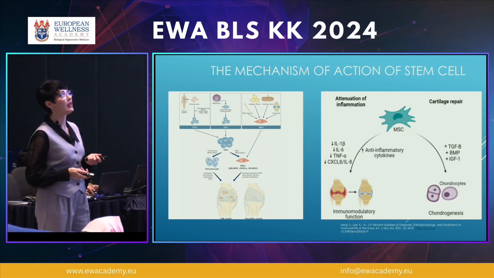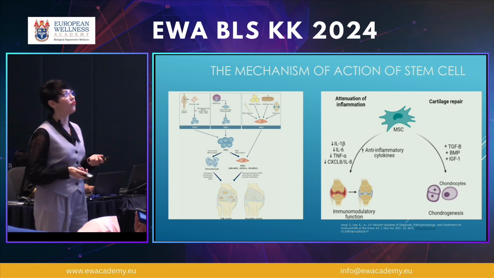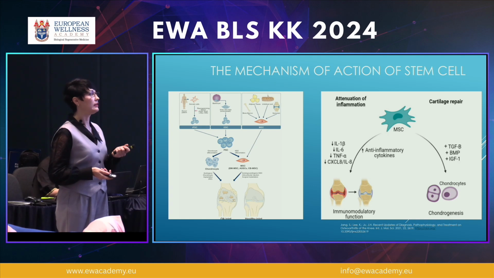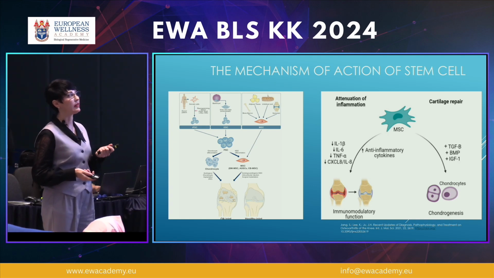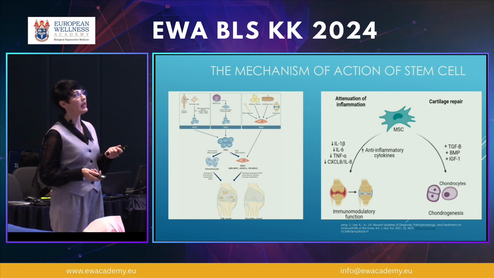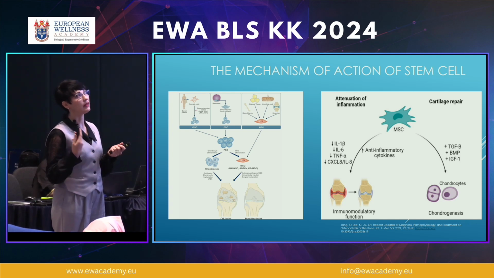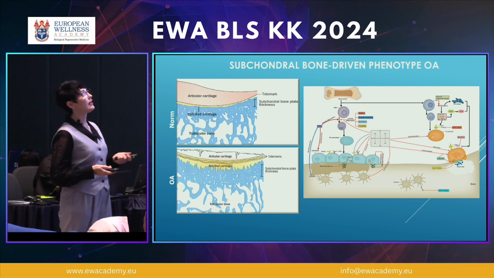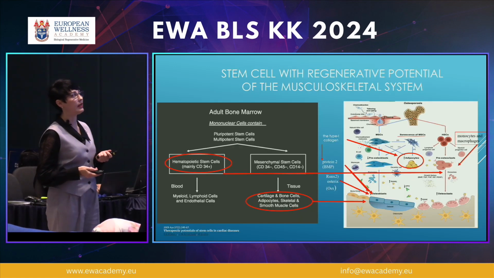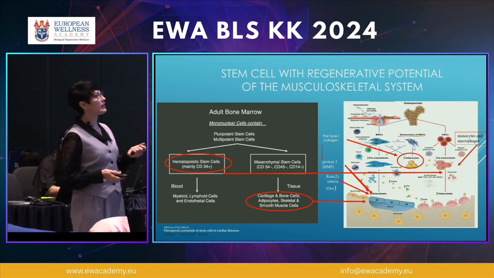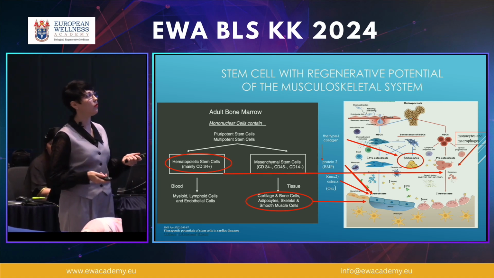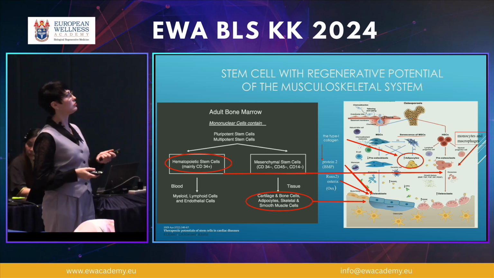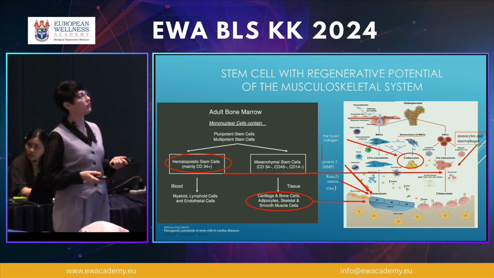What are the main mechanisms of action of stem cells? First of all, it's anti-inflammatory: it decreases the activity of inflammatory cytokines, and growth factors can repair the cartilage. As well, in the case of subchondral bone-derived phenotypes, the mesenchymal cells are the mother of osteoblasts, which can restore the bone after bone resorption, as well as hematopoietic for osteoclasts.